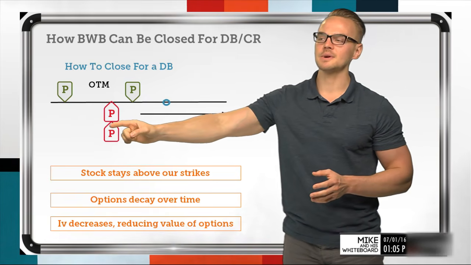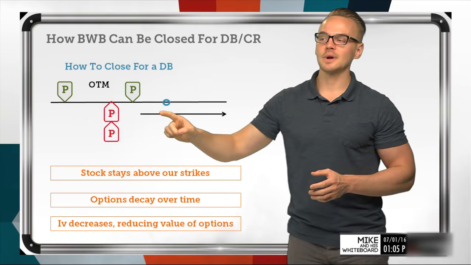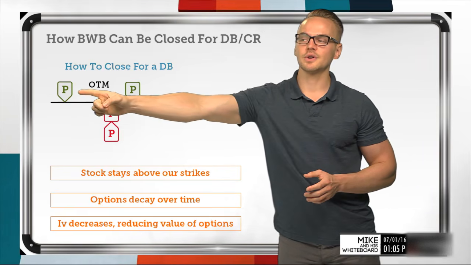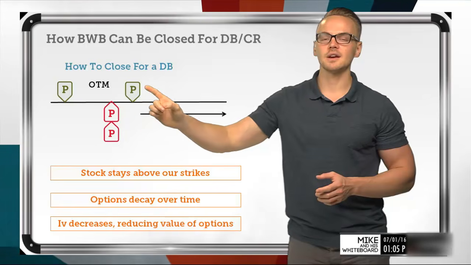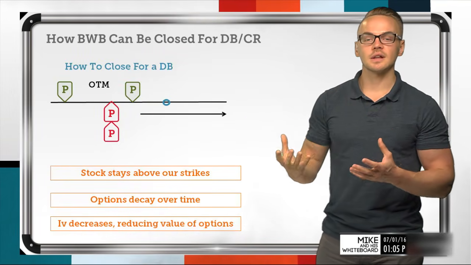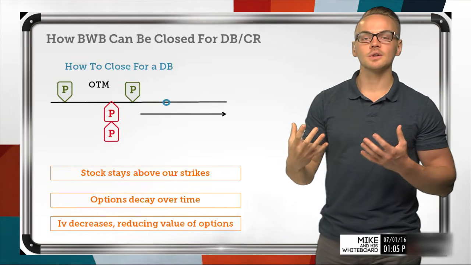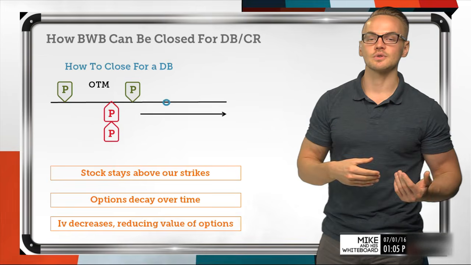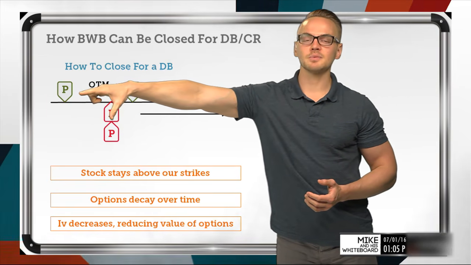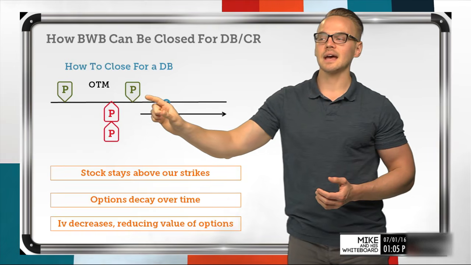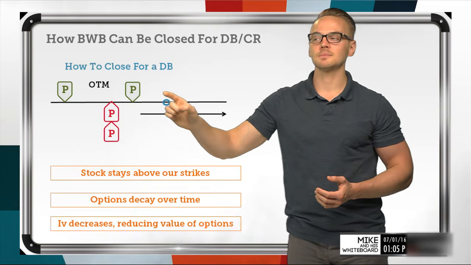Since I'm taking more risk on the downside here and breaking the wing on this short put vertical, compared to the debit I would pay for this long put vertical right here, since I'm collecting more and I'm really ultimately turning this trade from a debit into a credit, my positive theta that I'm going to see on my short put spread is going to outweigh the negative theta that I would see on my long put spread.